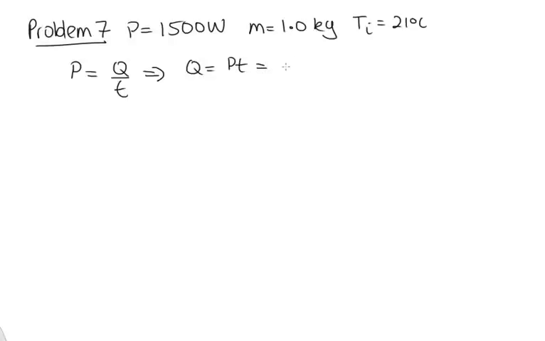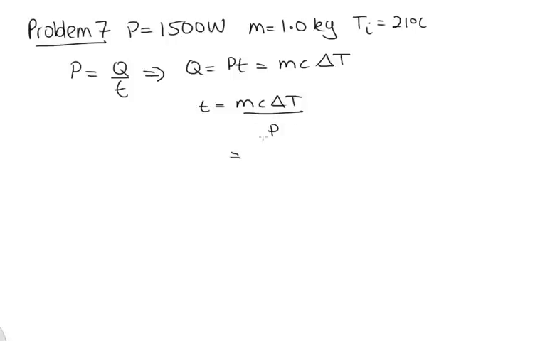So for heating water, we know that Q is equal to mc times the change in the temperature. So we can now use this equation to work out the time. So the lowercase t stands for the time, the capital case T stands for the change in temperature here. So the time is equal to mc times the change in temperature over the power.